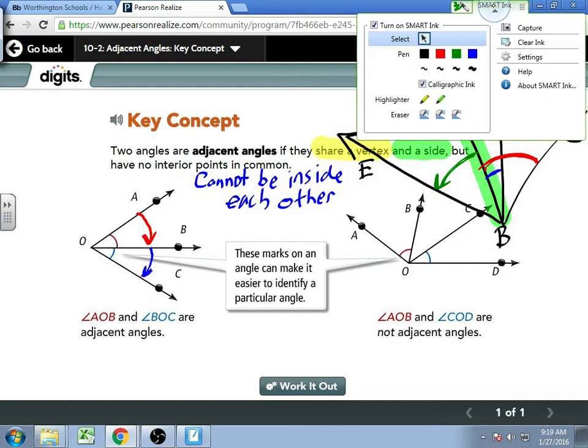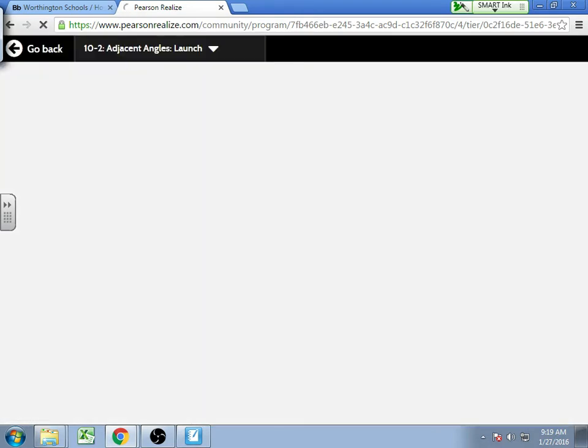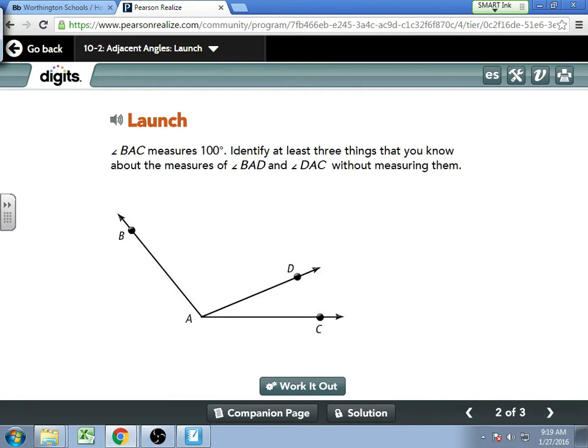Does that mean our previous angles weren't adjacent? The ones from the launch? Yes, because one's inside of the other. So we were looking at this angle, and there's this angle, but then there's also BAC. So BAD and DAC are adjacent, but BAC and CAD cannot be.